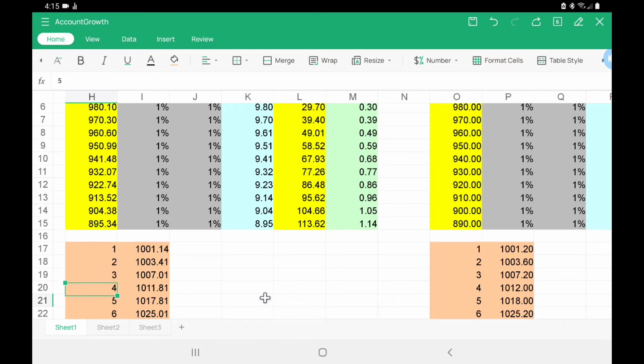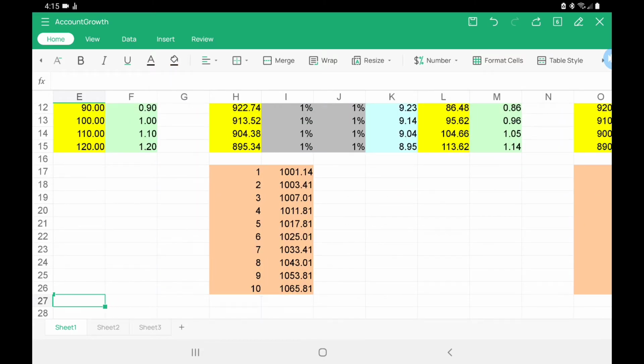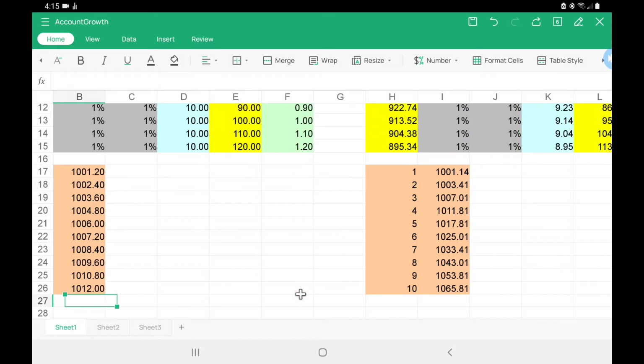So if you look over time, you see the budgets will grow dramatically more so versus the first one. For example, here we only made $12 after 10 cycles.